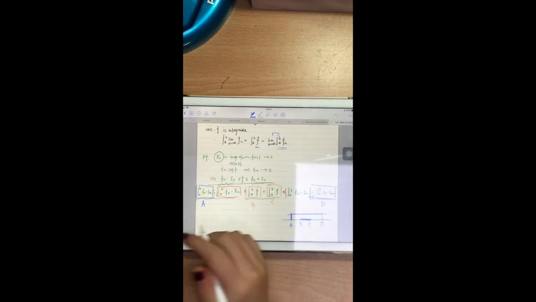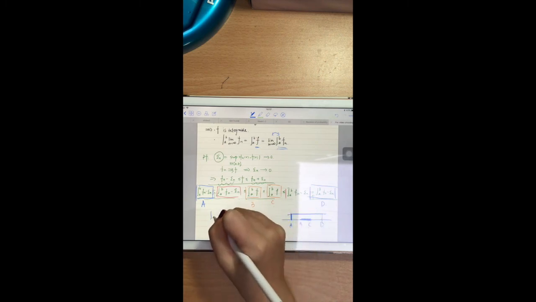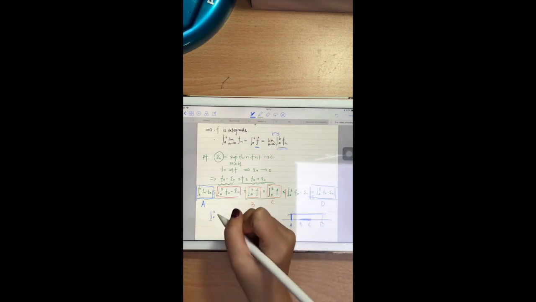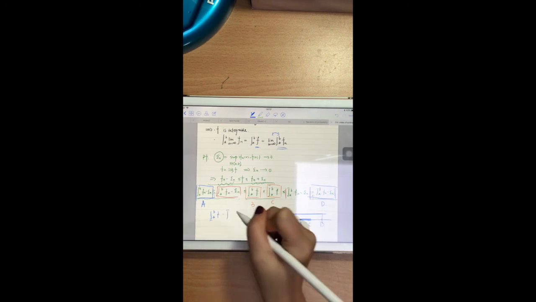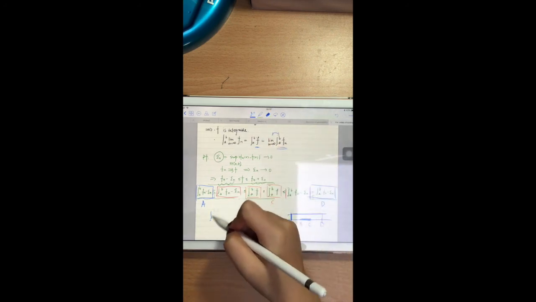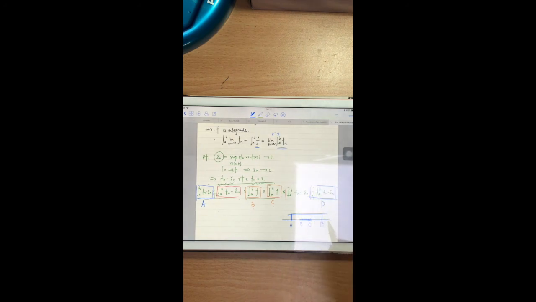So all we have is the lower sum of f minus the upper sum. Actually it's the same if we take the absolute value.